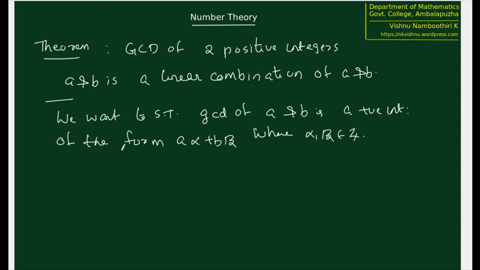This is precisely what we want to show, that the GCD of A and B is a positive integer of the form A alpha plus B beta, or it's a linear combination of A and B.